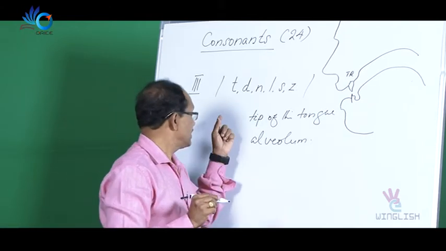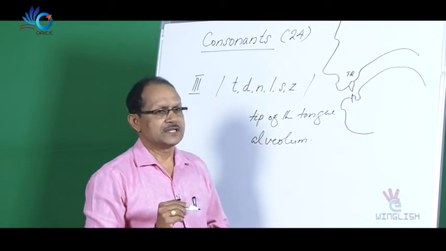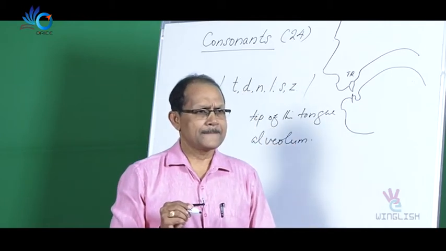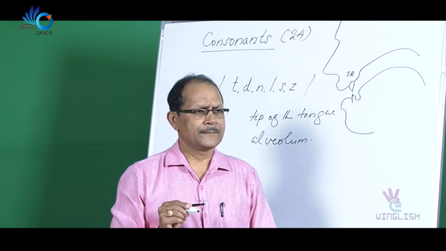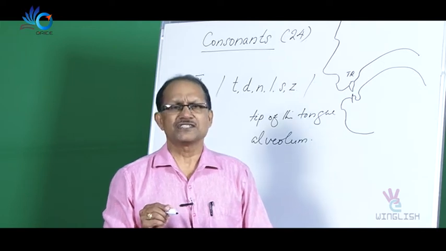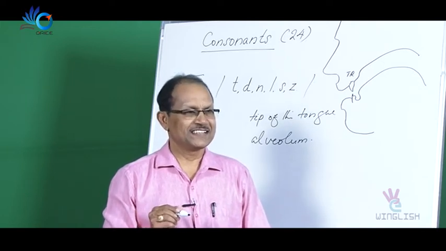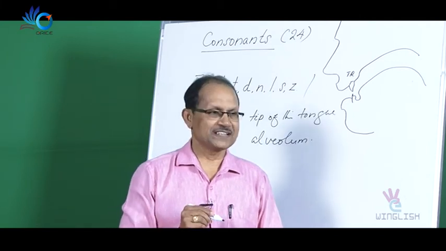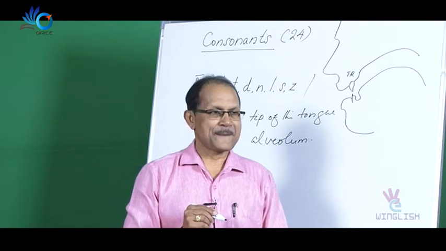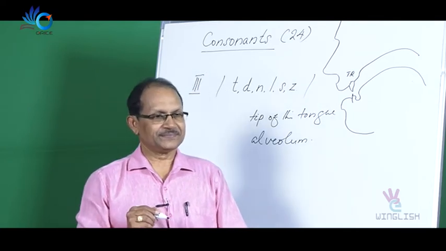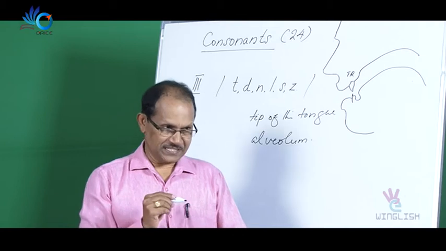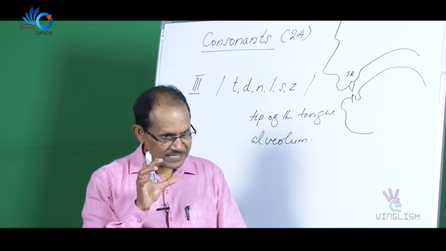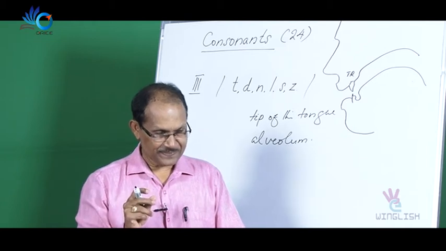See, when we articulate these sounds, do we articulate them in the same place? All of you please try these sounds. Now the question is, are the articulators the same?